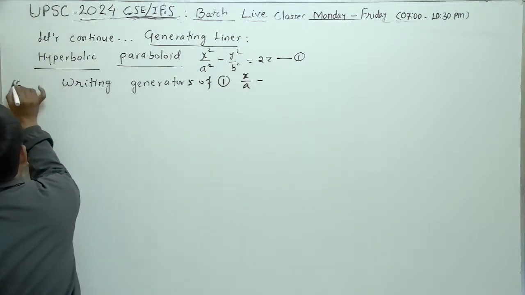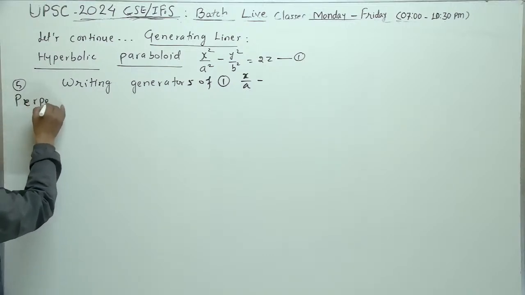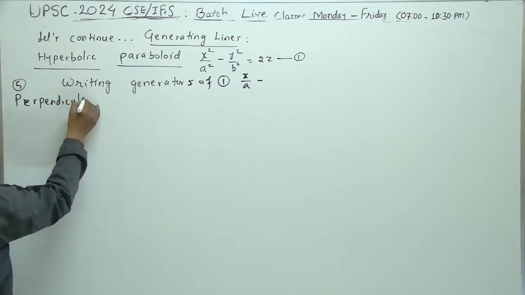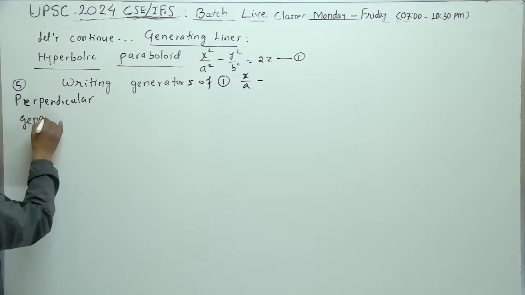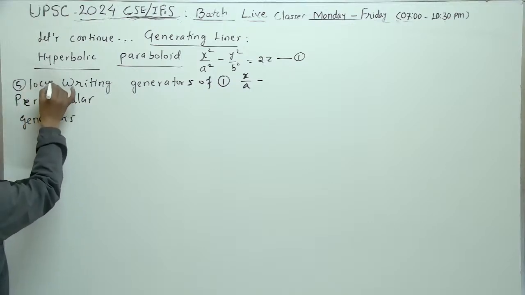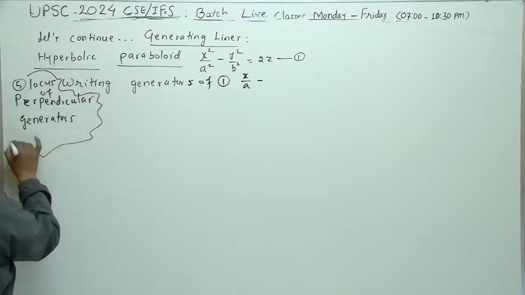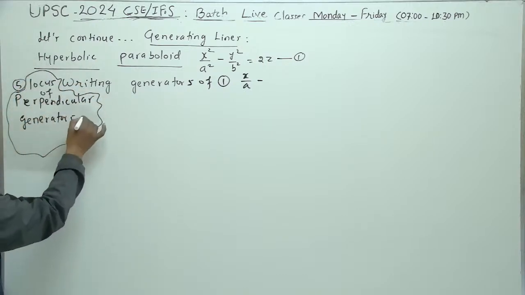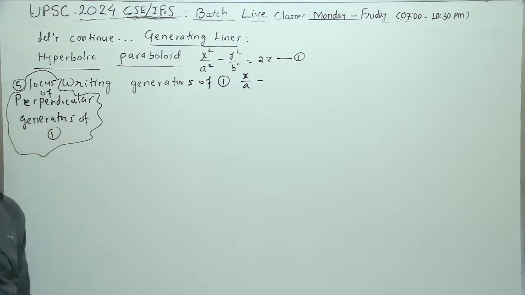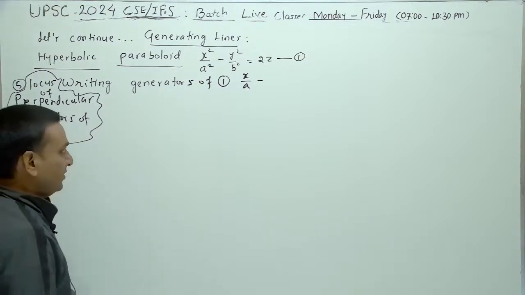So next property, whatever you have, like that. Perpendicular generators. Basically, we are interested in locus of these perpendicular generators.